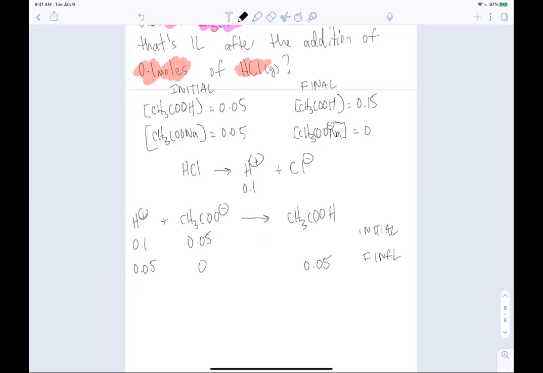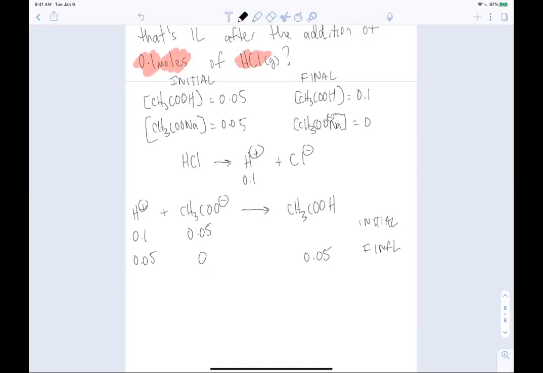That's actually the right way to look at this. Didn't we already have an initial of it? So yeah, it'd be like 0.1. Okay, so then our final concentrations here end up being 0.05 and 0.1 of this.